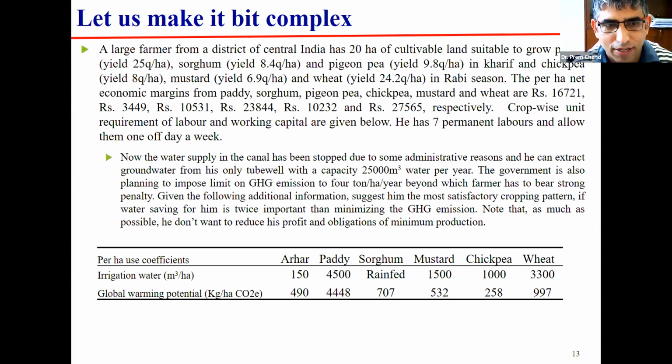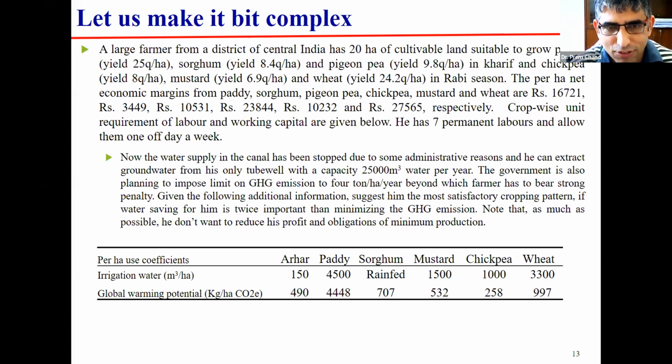Now an additional burden has come to him. The government is planning to impose a limit on GHG emissions of 4 tons per hectare per year, beyond which the farmer has to bear a strong penalty. Either he can reduce the GHG emission or he has to pay the tax. In other words, he gets an incentive for saving GHG emissions.